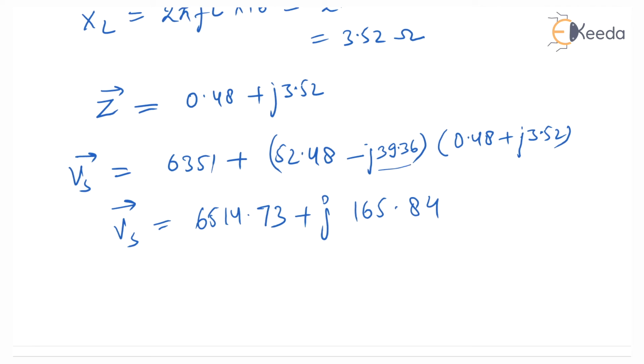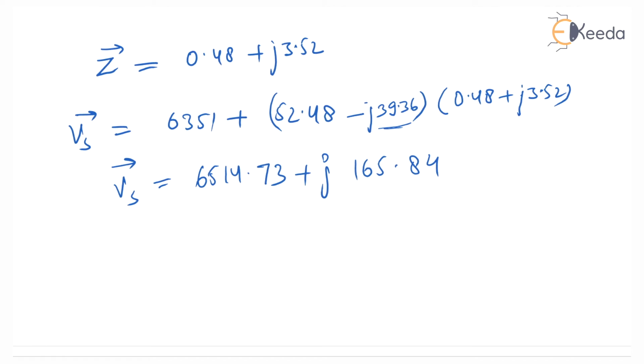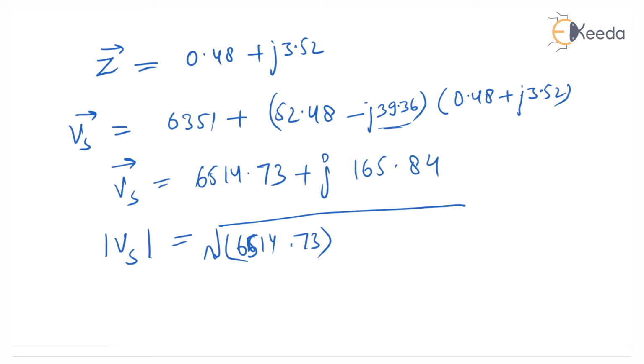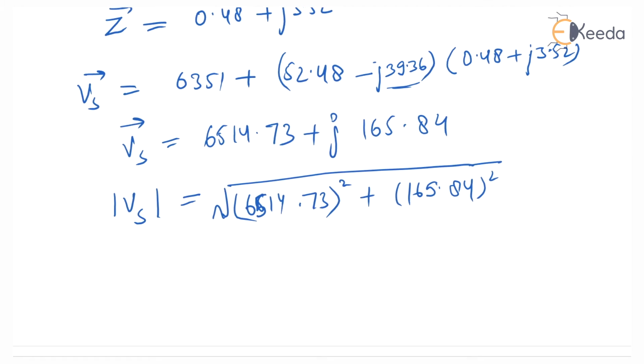So Vs is equal to 6514.73 plus j 165.84. Now we have to find out the magnitude of Vs. This is equal to the square root of 6514.73 squared plus 165.84 squared.